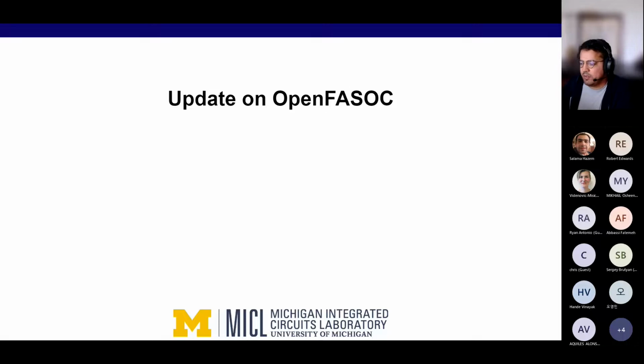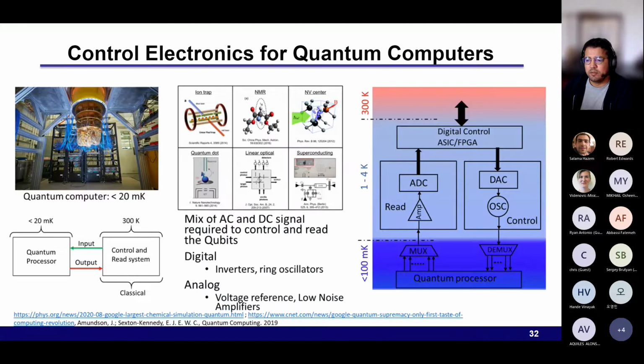So here, now I'll move on to an update on OpenFASoC on the latest projects this year. One of the exciting projects we've been working on with NIST is around quantum, right?